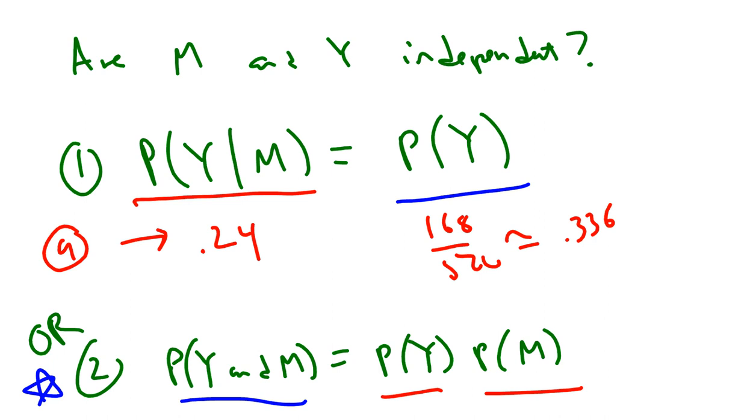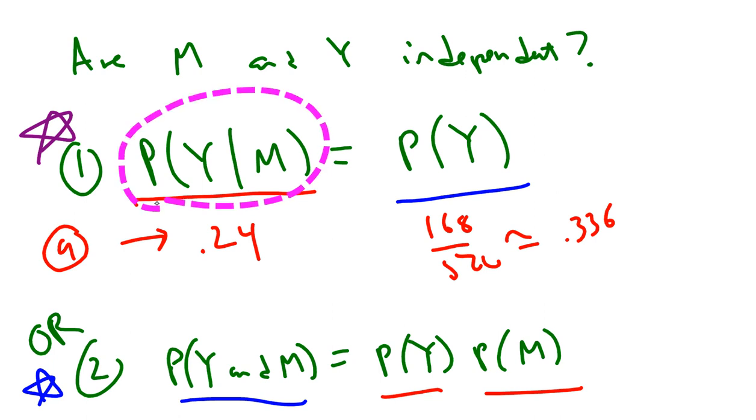Okay, so like I said earlier, I used to use method 2 much more often, but now I seem to favor method 1. And my reason for that is I like the intuitive meaning here. This probability on the left-hand side is saying, what's the probability someone's in party Y, given we know that they're a male? And in that case, we get 24%.